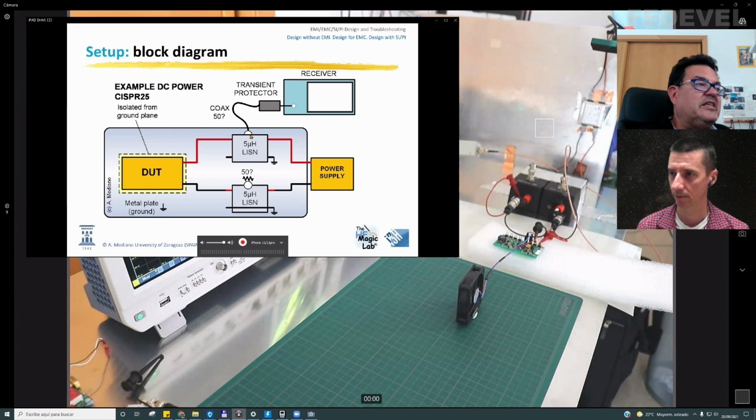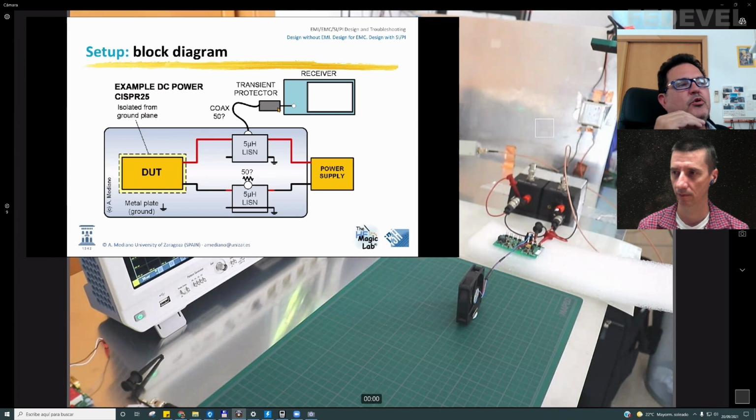So the coax cable that goes to your receiver has this additional element, a transient protector. It's a peak limiter. This is especially important in power electronics, because if you are measuring the noise created in some kind of system, you can create transients that can create a lot of problems in the spectrum analyzer or in the EMI receiver.